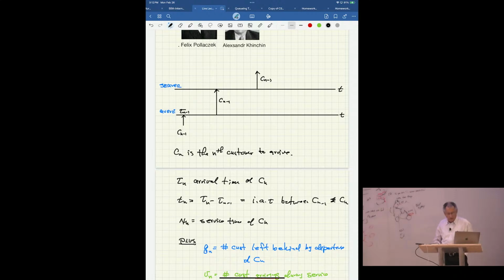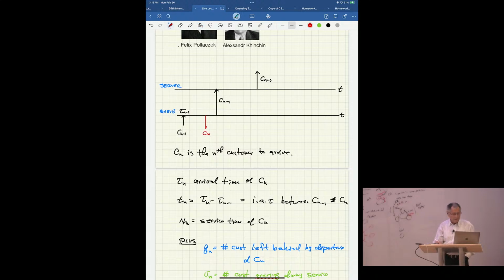Now, of course, of interest is our favorite customer, Cn. So I'm going to draw him in red. Suppose he comes in, say, at this point. That's customer Cn.